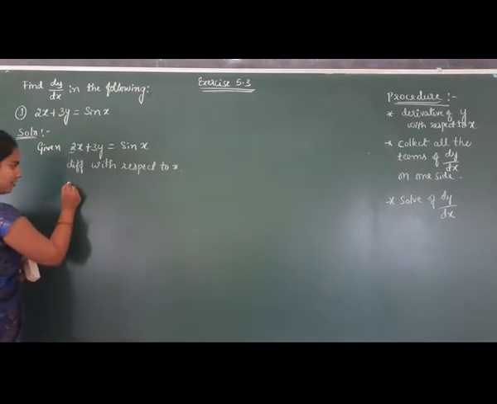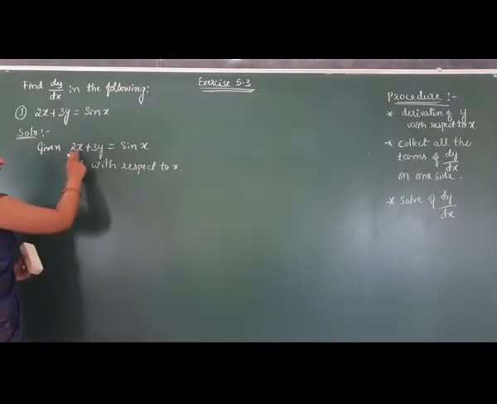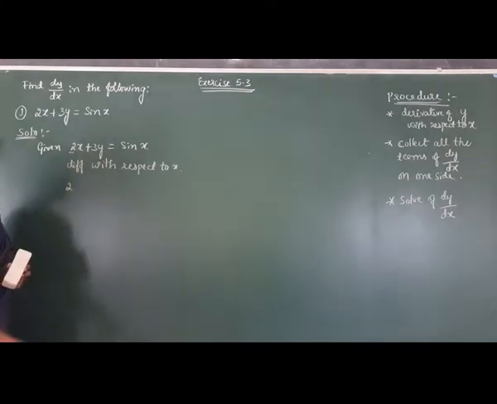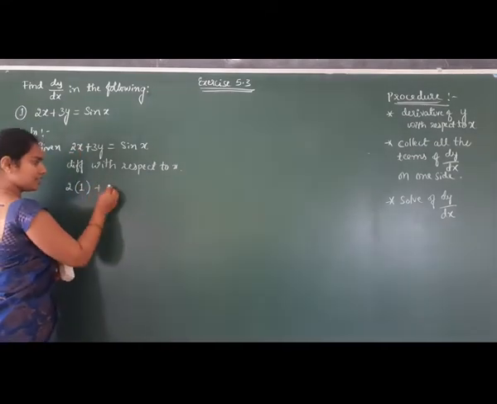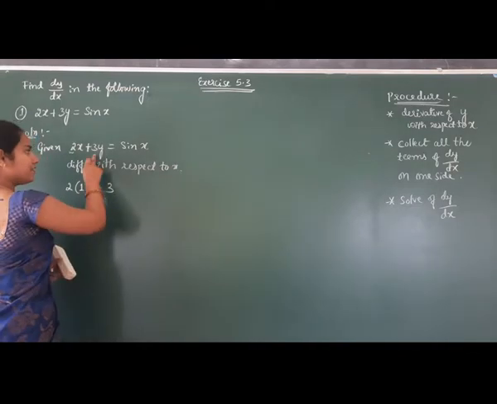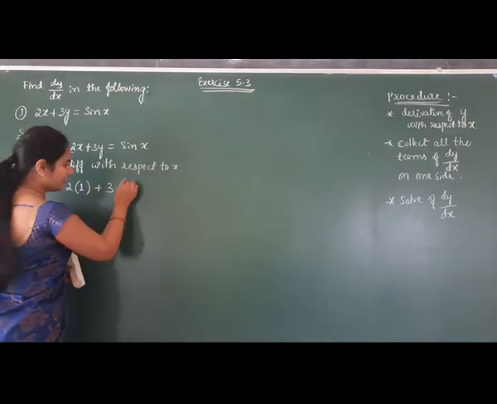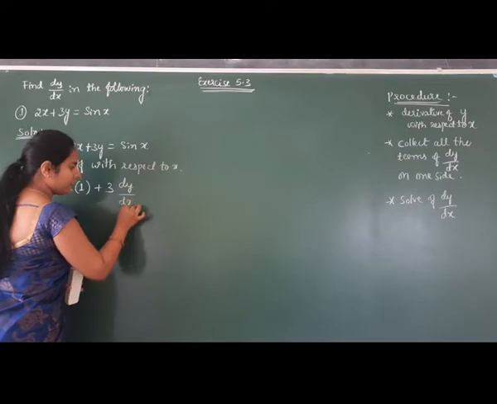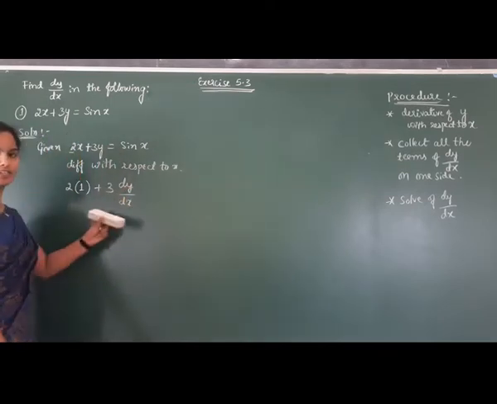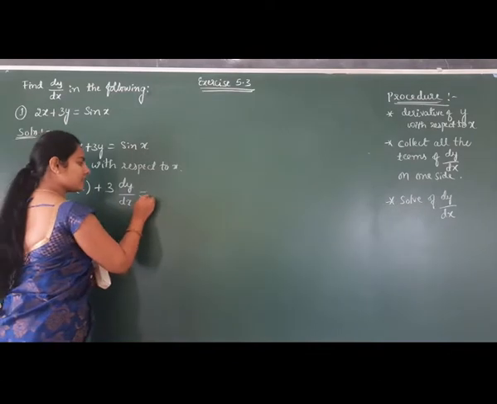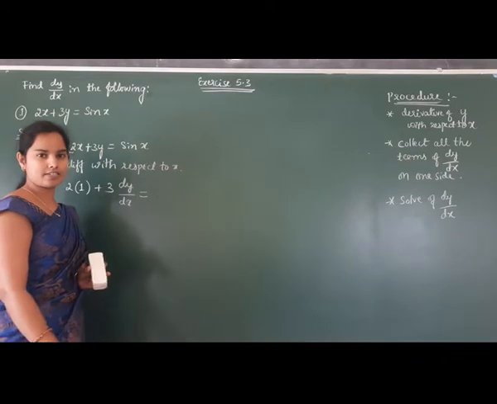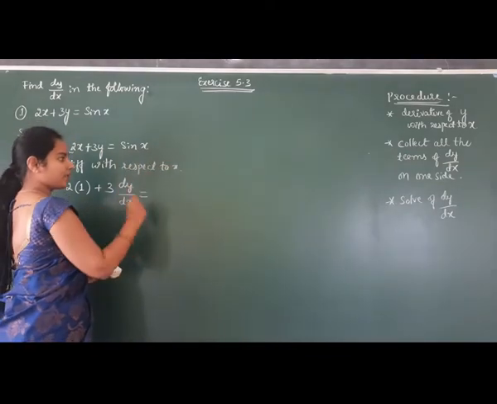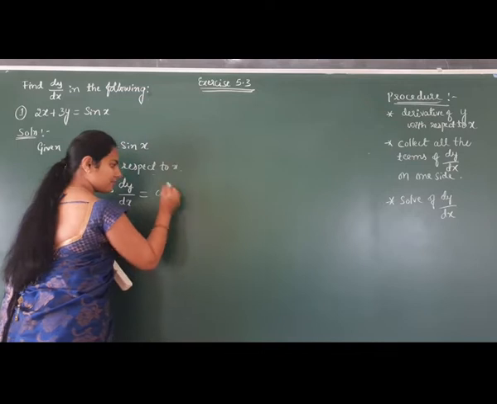Derivative of x with respect to x is 1, plus 3 into derivative of y with respect to x, which is dy by dx. This is equal to the derivative of sin x, which is cos x.